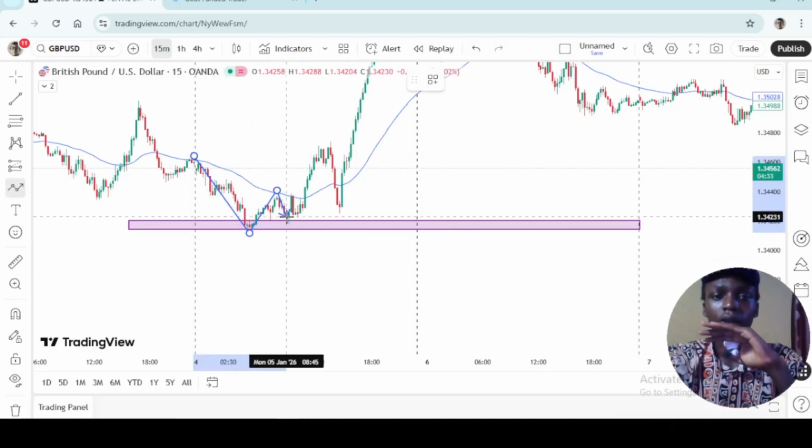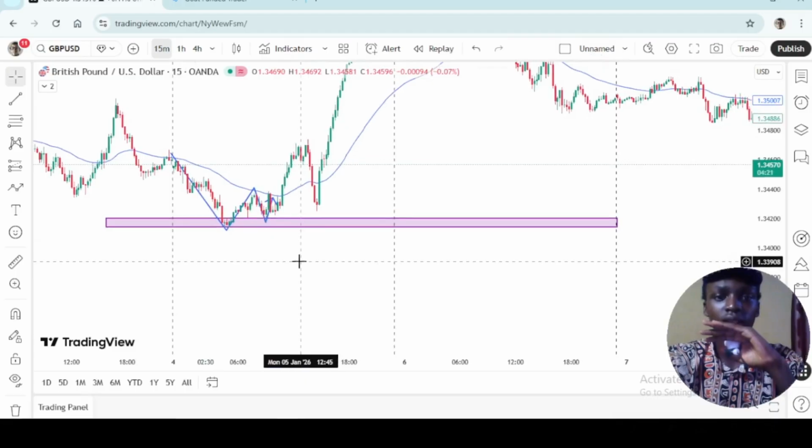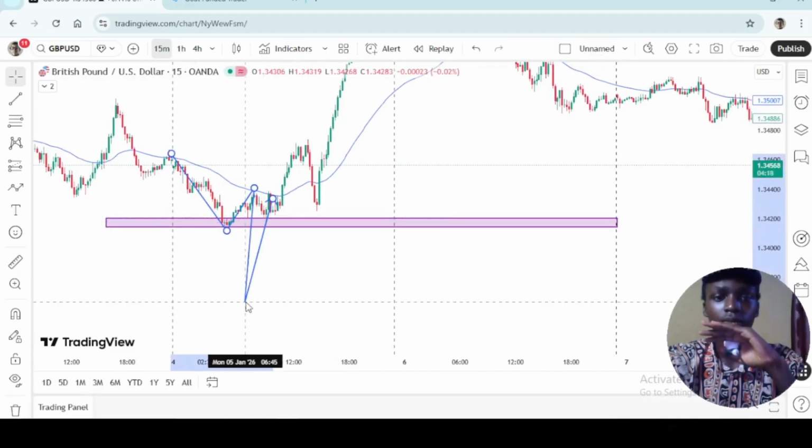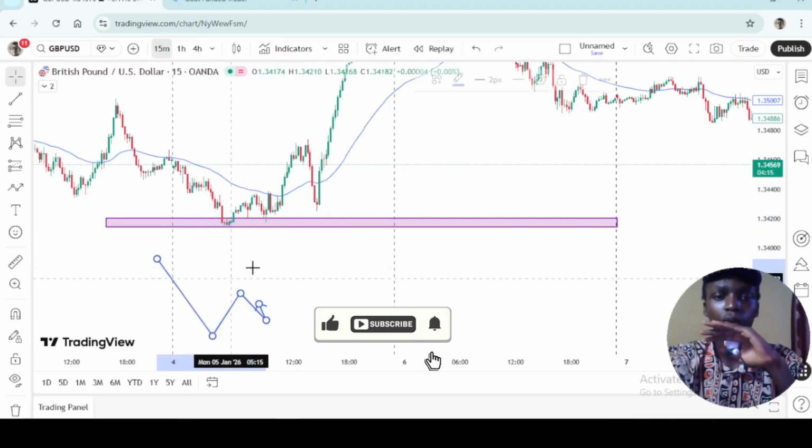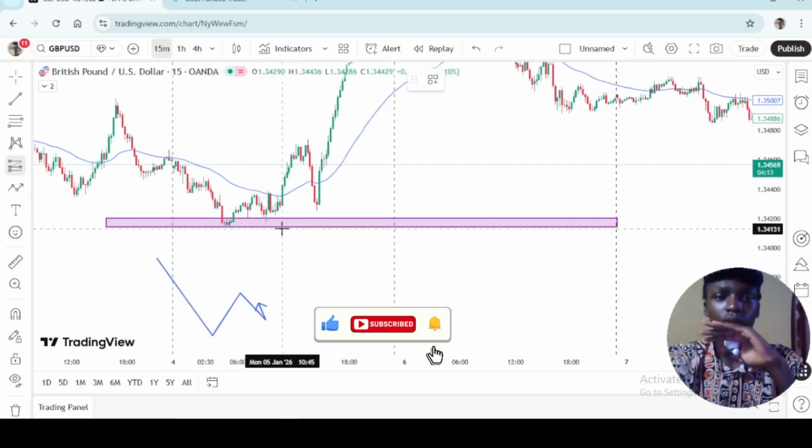When it moved down right here, you see this is our retest. Once it retests like this, you can get an entry, but you can still wait. I'm going to get an entry right here.